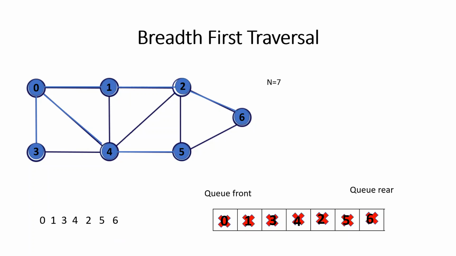Which are the edges which are not visited? I have drawn one blue line also. During the traversal, if you find that from a particular vertex the adjacent vertices are already visited, the edges leading to a visited vertex are known as back edges, as we said in DFS.